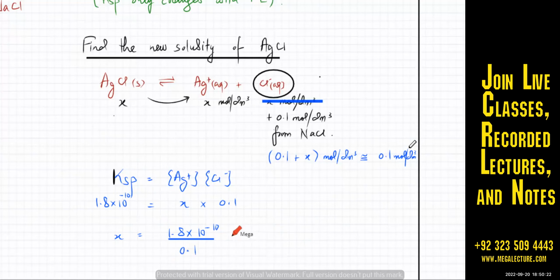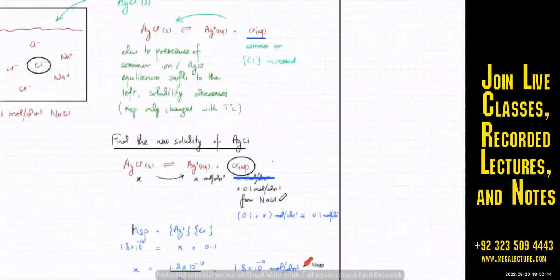What do you get for this? 1.8 times 10 power minus 9. So you can notice that the solubility has decreased.